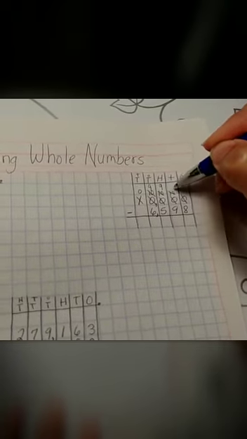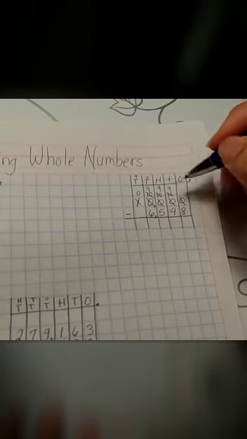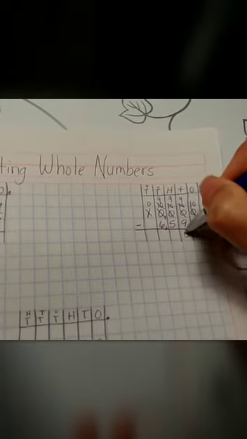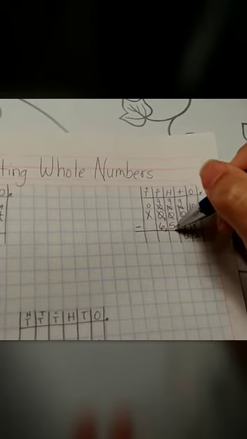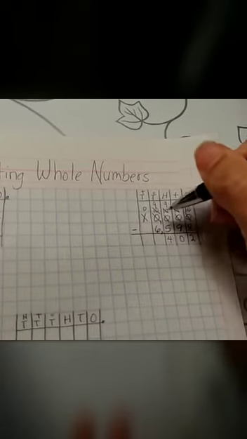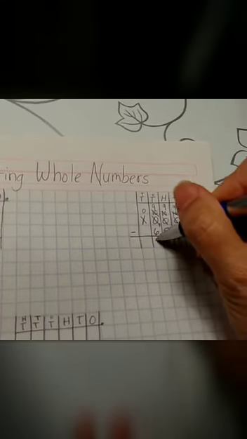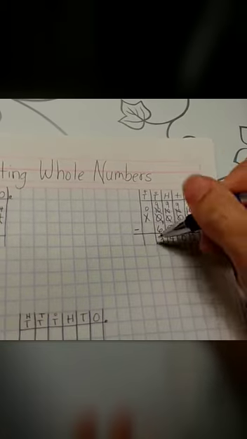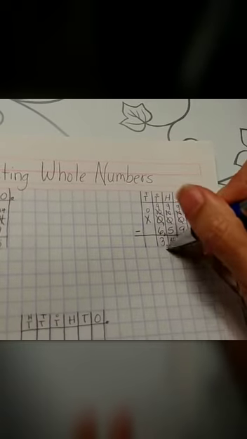This neighbor has a packet of 10 that has to share with the next door neighbor, and this turns into a 10 because it gave a packet of 10. 10 minus 8, 2, 9 minus 9, 0, 9 minus 5, 4, 9 minus 6, 3, and this is 0. I don't have to write it. Ones, tens, hundreds, and the comma goes with the thousands place.